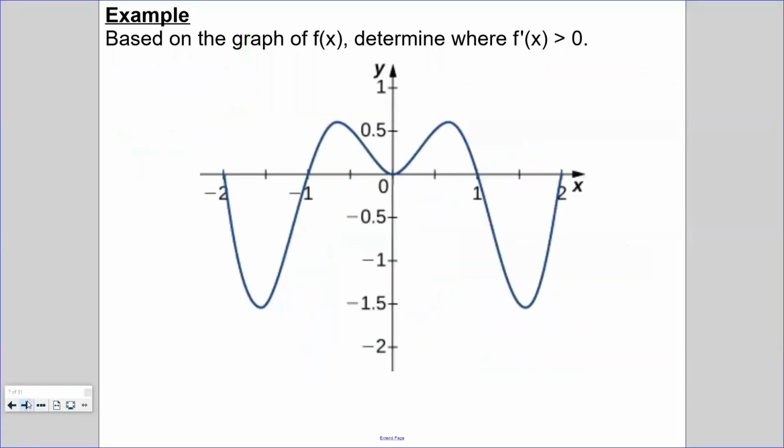Uh-oh. Lots of curves on this one. Why don't you try this one on your own?